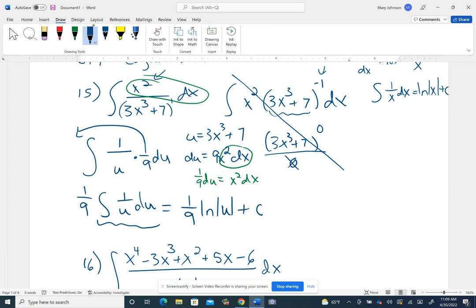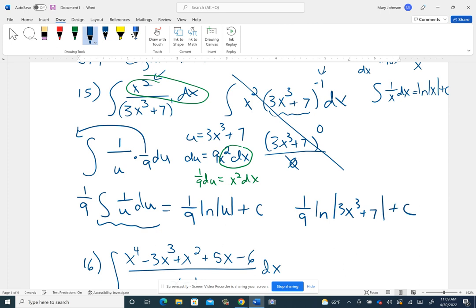And then finally, all I've got to do is replace the u with the 3x to the third plus 7, with plus c. All right, so that's the key time when you have to use the natural log idea.